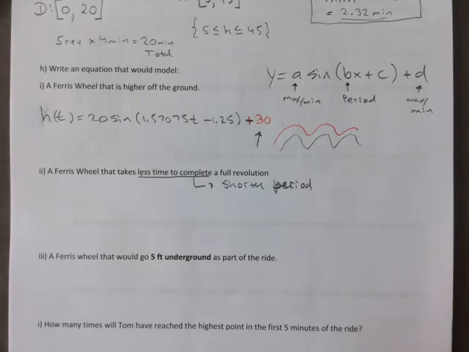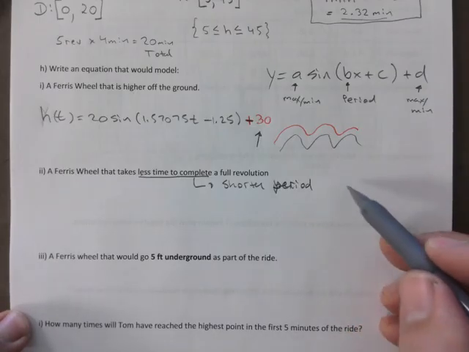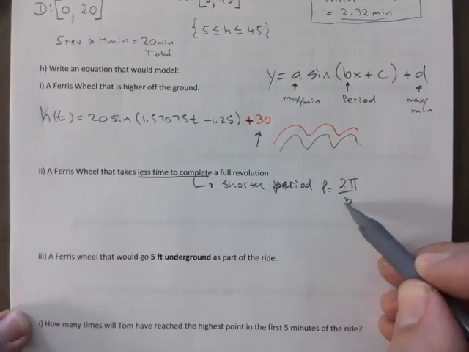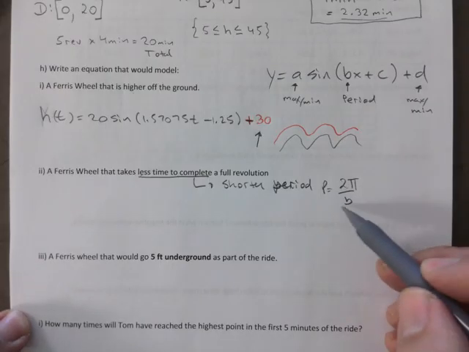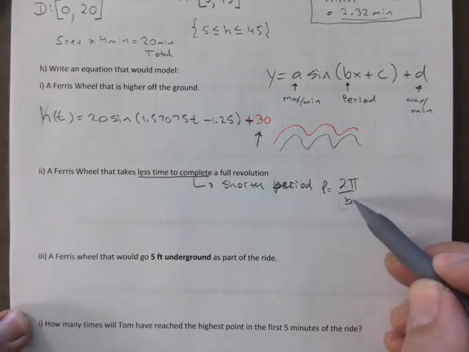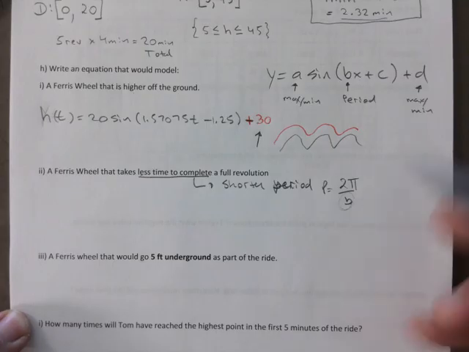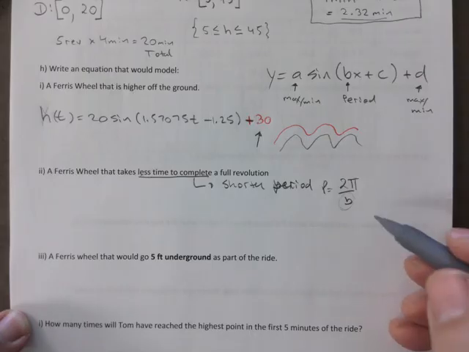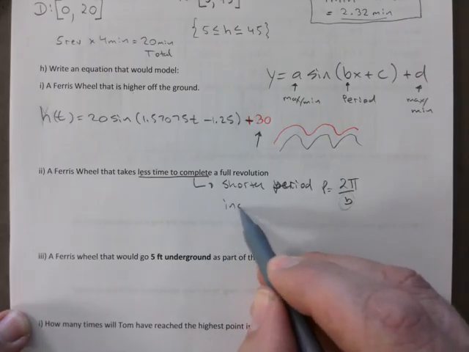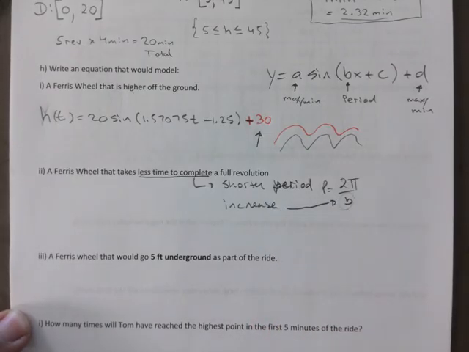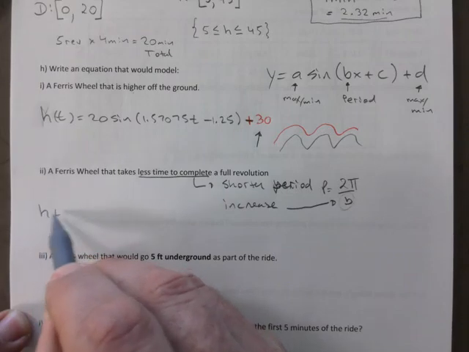You got to think the period is 2 pi over B. The bigger you make this number, the smaller your answer is going to be, correct? The bigger B becomes, the smaller the period, right? So increase this one right here. That's all you have to show.